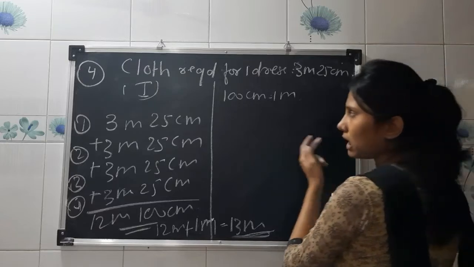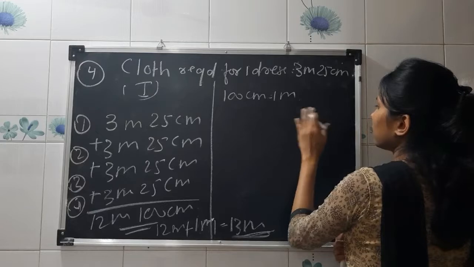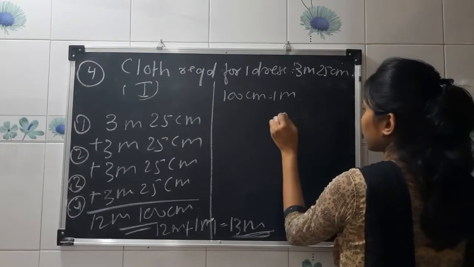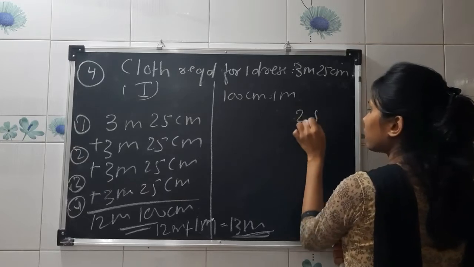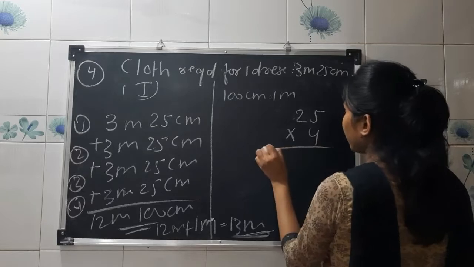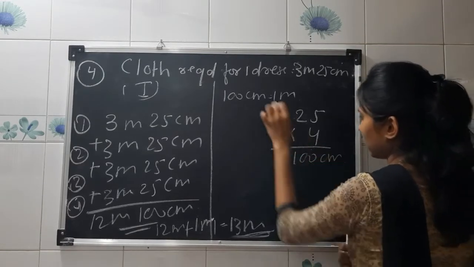find it out by multiplying. Now separate this 3 meters and 25 centimeters. Okay. So 25 into 4, okay, 100 centimeter.